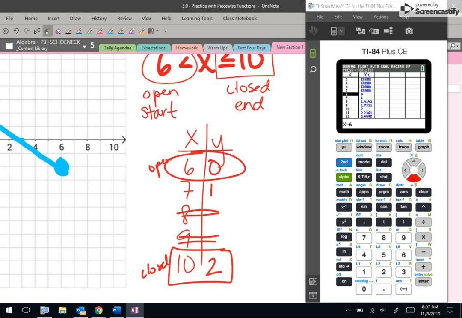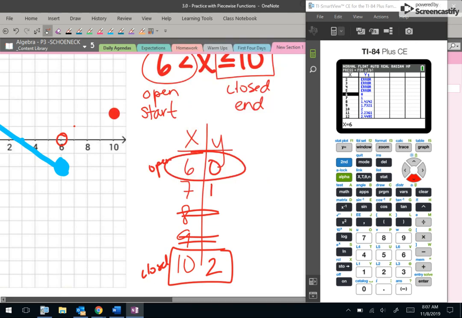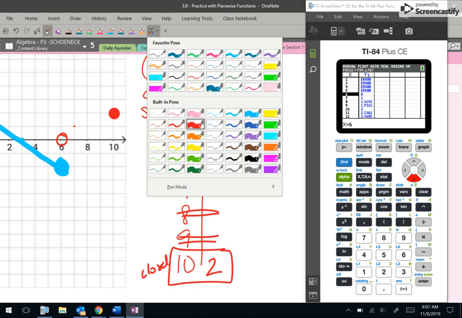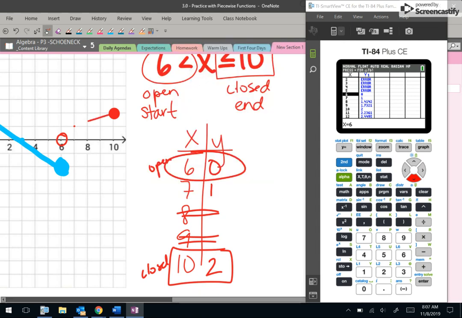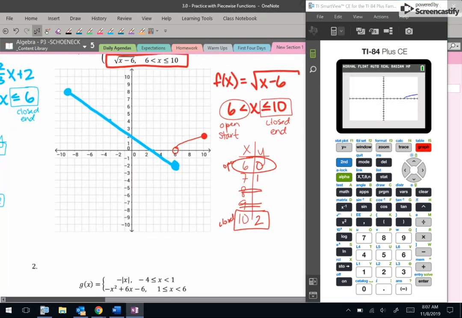So 6, 0 is an open circle, 7, 1, and then 10, 2 is a closed circle. We're going to make it a little curved because we want it to look like the square root function.